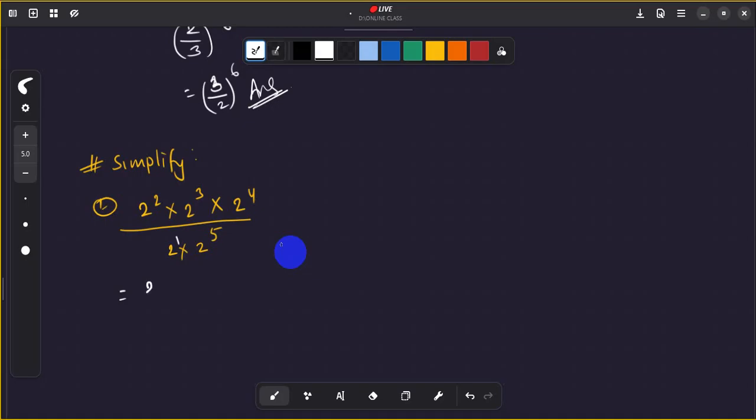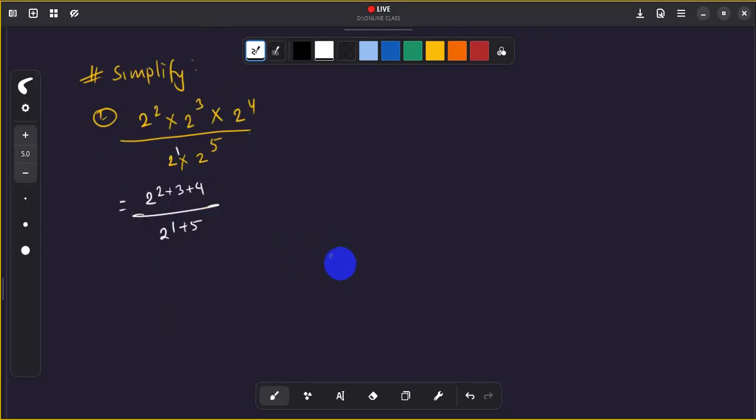Now we'll get 2 to the power 2 plus 3 plus 4, divided by 2 power 1 into 2 power 5. Now can we write 2 to the power 1 plus 5? Yes, sir. Okay.